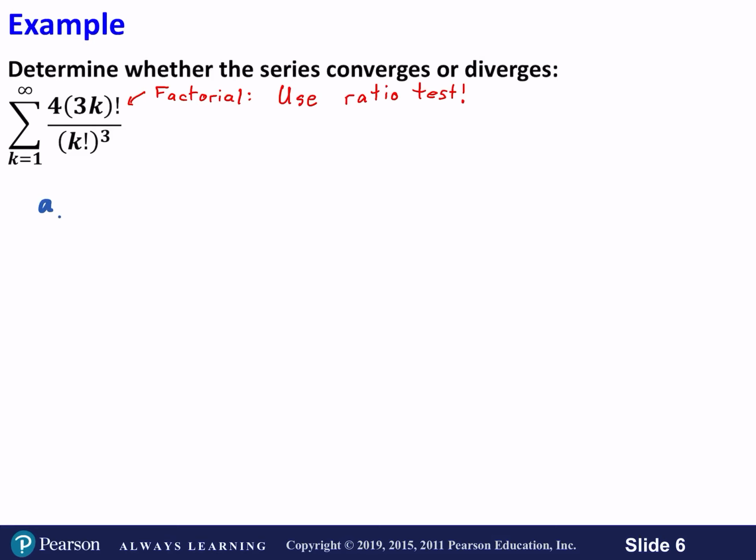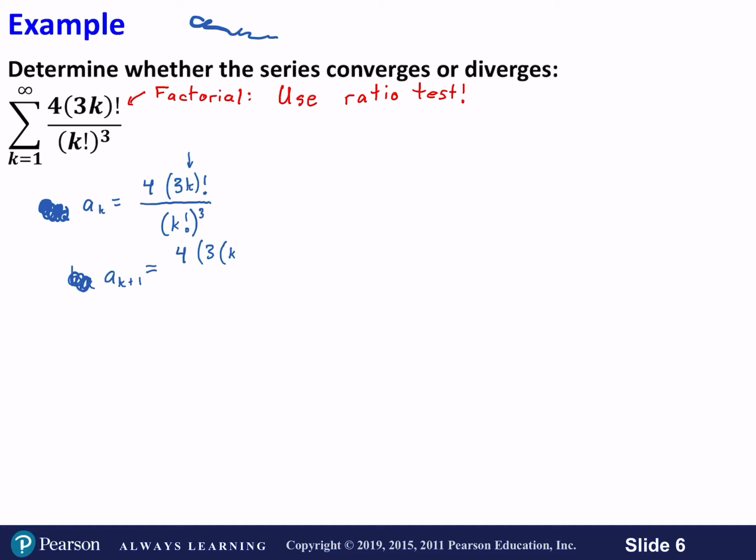The ratio test requires that we define, I don't know why my pen's thick, let's give it a second. We're going to define ak to be 4 times (3k) factorial over (k factorial) cubed. And we're going to define ak plus 1 to be 4 times... every time we see a k in this expression, we're going to replace it with a k plus 1.